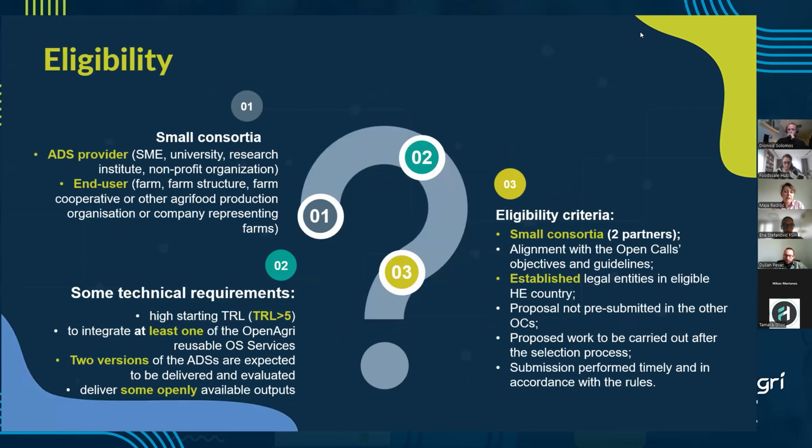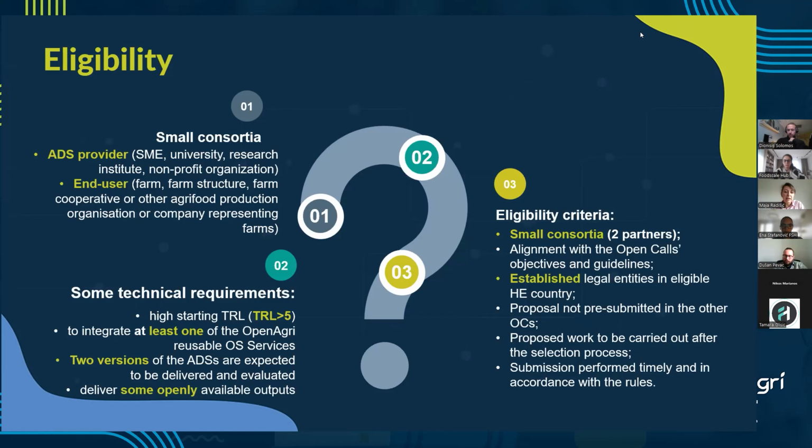When it comes to eligibility, OpenAgri Open Call is dedicated to a small consortium of 2 partners, ADS provider, which could be SME, university, research institute, non-for-profit organization, and an end user, farm structure, farm cooperative, or other agri-food production organization or company representing farms.